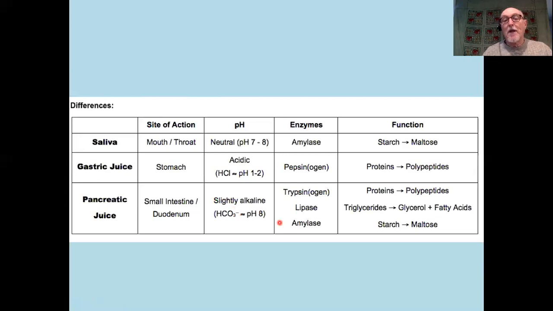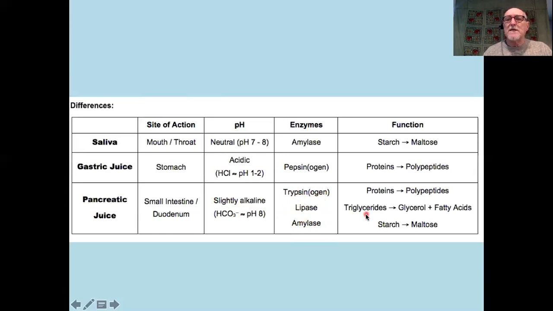But in addition, the second set of substances that the pancreas produces is many, many different enzymes, very important, very powerful digestive enzymes. For the moment, you don't really need to remember the names.